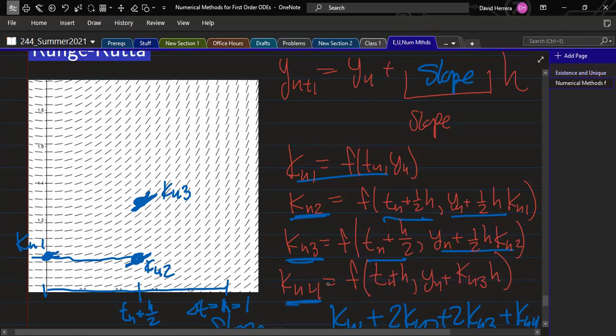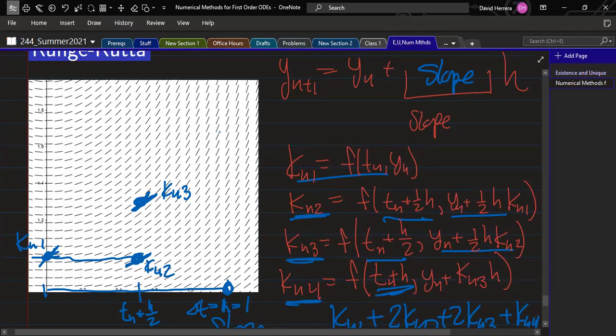And then we use that kn3 to calculate this slope. And it says we go a full time step instead of half a time step. So a full time step here. And then we go up using this slope that we just calculated. So it is steeper than the other slope, just a little bit though.